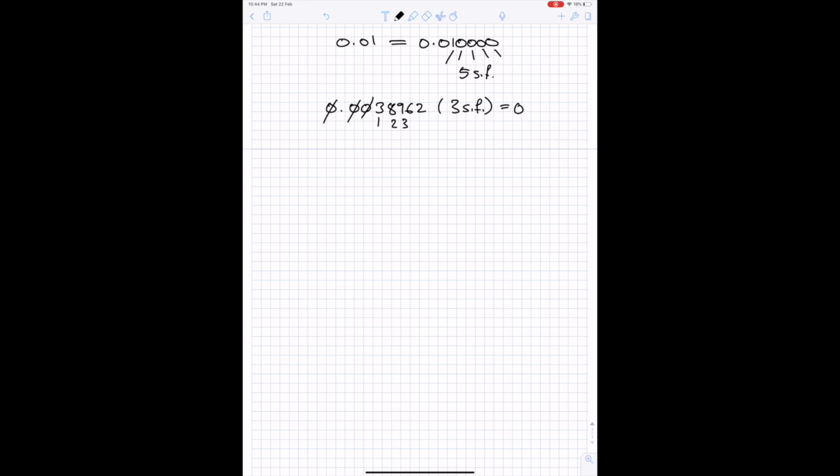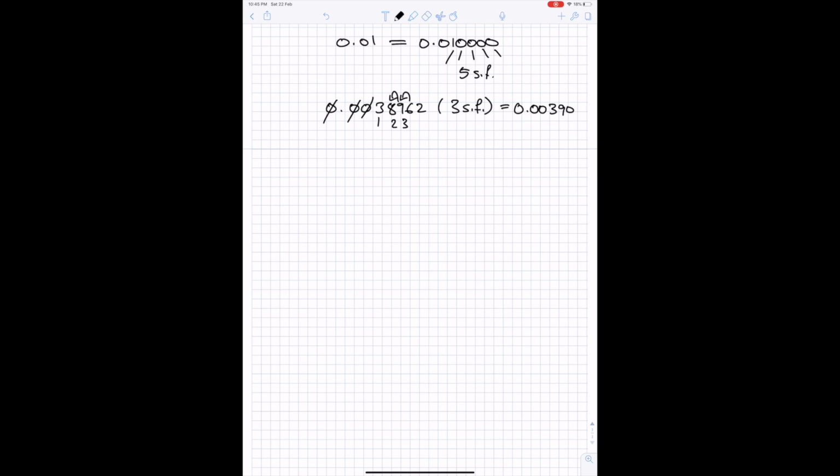So it becomes 0.0038 and 9, but remember the 2 here rounds the 9 up, which rounds the 8 up, which then becomes 0.00389.